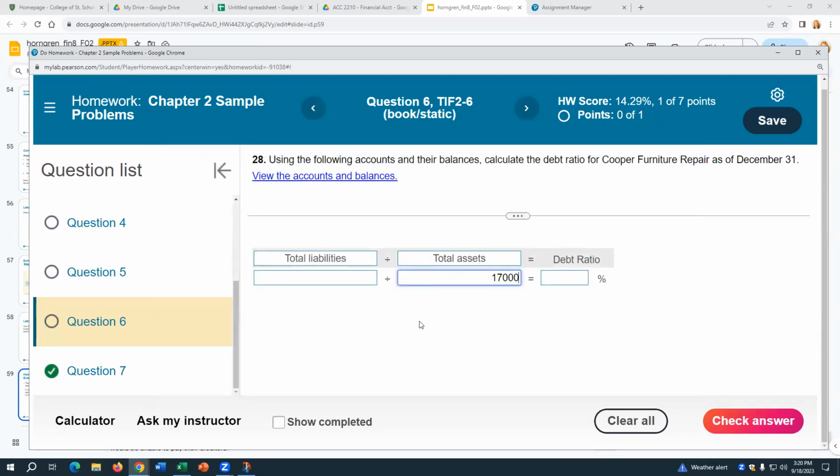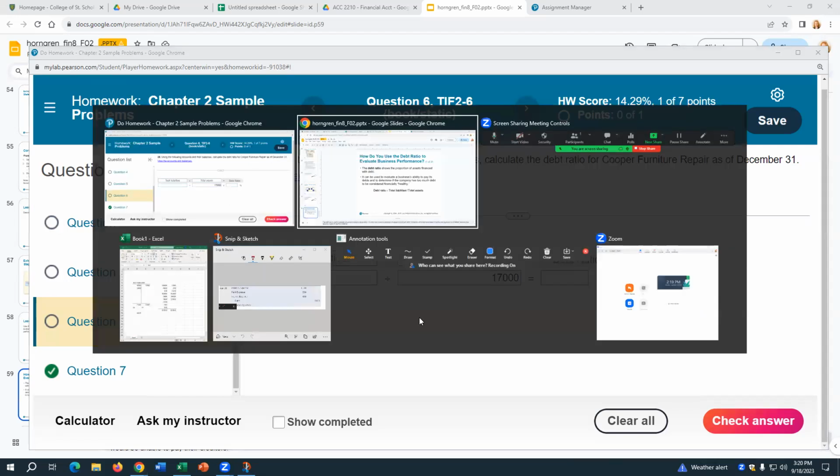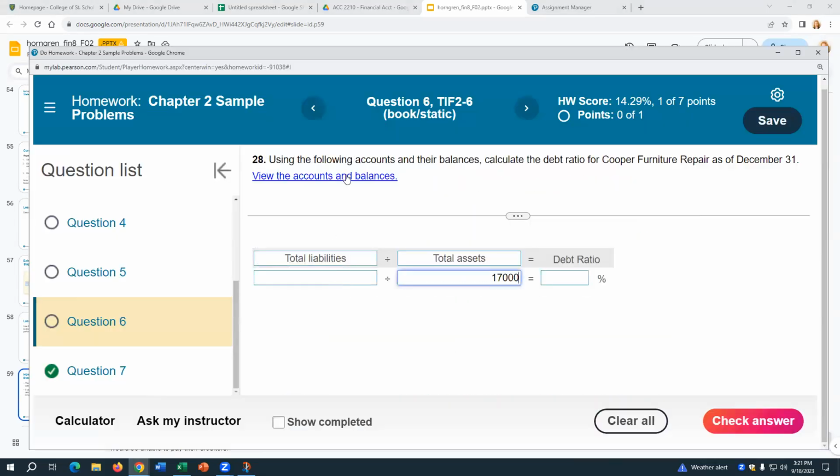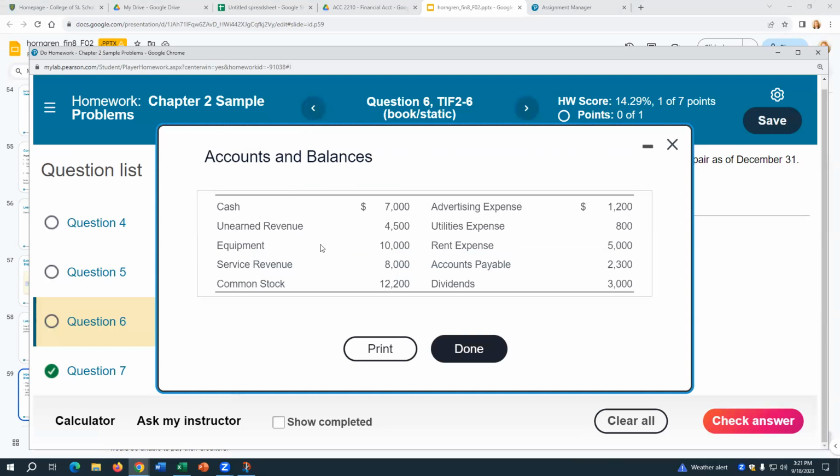And then as far as our total liabilities goes, unearned revenue, that's a liability. And accounts payable, that's one, right? And that's it. Everything else is assets.